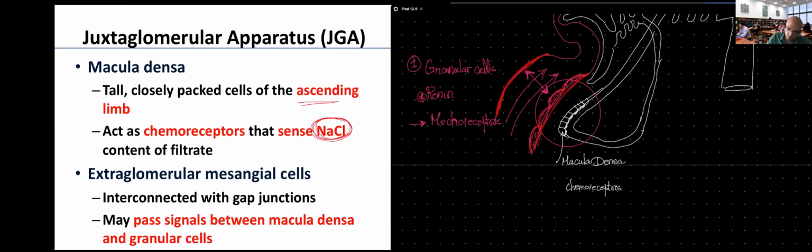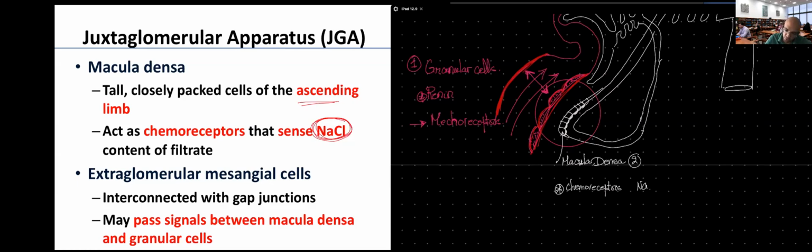The second type of cells that will share in the formation of the juxtaglomerular apparatus is the macula densa, which are modified tall cells of the ascending limb of the loop of Henle. They are acting as chemoreceptors to detect the sodium concentration in the filtrate.